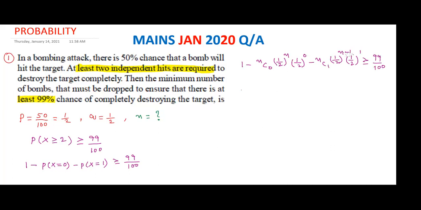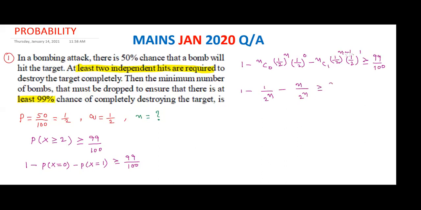Now here, students, nC0 value is 1. Here we get 1 minus 1 by 2 power n minus n by 2 power n is greater than or equal to 99 by 100.